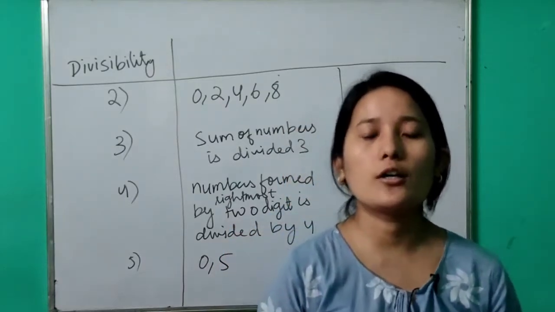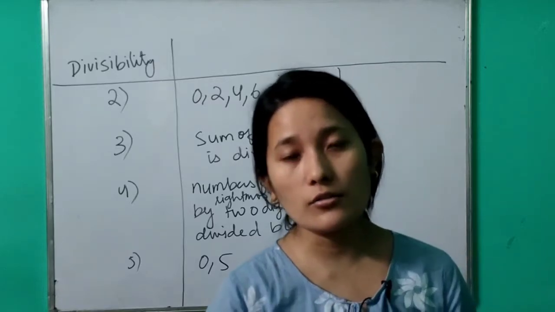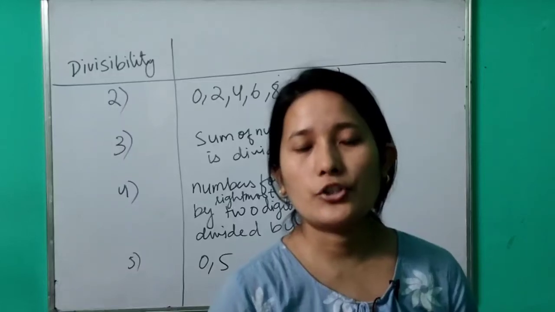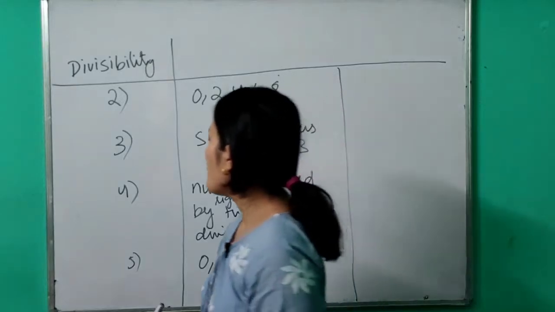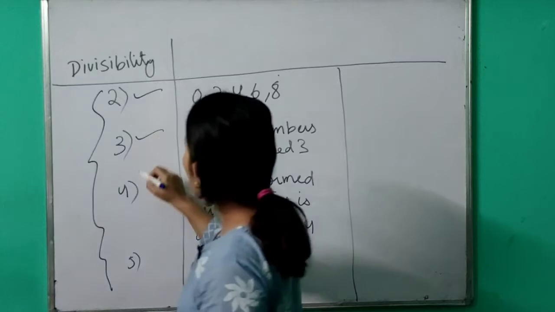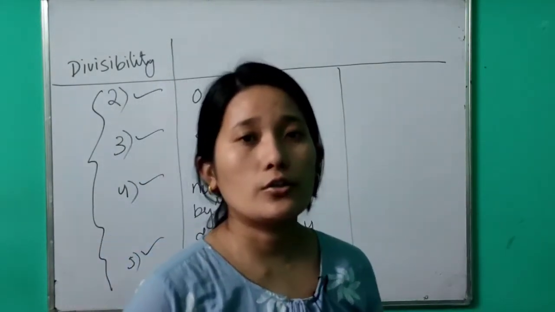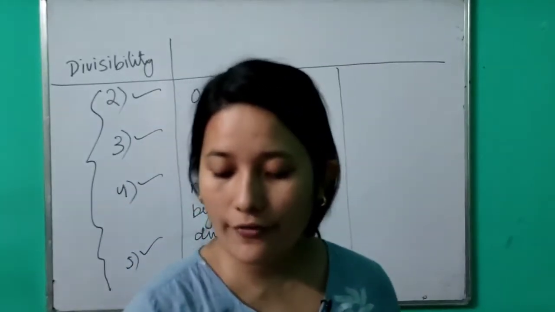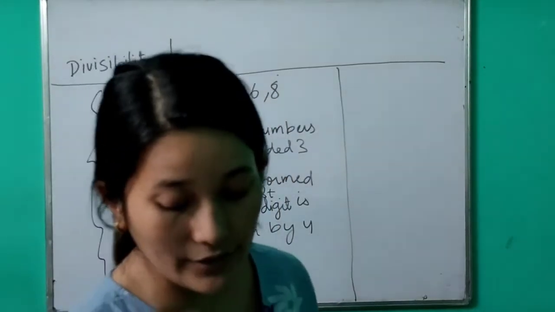It will suggest certain tricks by the help of which, without dividing also, you can easily find out whether a particular number divides the 3 or 4-digit number completely or not. First we will be discussing the divisibility of 2, 3, 4 and 5. Others, about 6, 7, 8, 9, you can find in your book, page number 34.